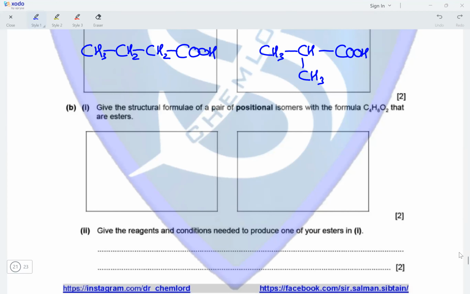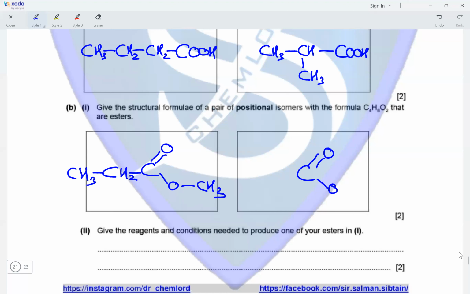Give the structural formula of a pair of positional isomers with the formula C4H8O2 that are esters. So we have in total four carbon atoms. One of them will be the part of the ester group. So we are left with three carbon atoms. So on one molecule, we can have an alcohol with one carbon atom and the carboxylic acid having three.